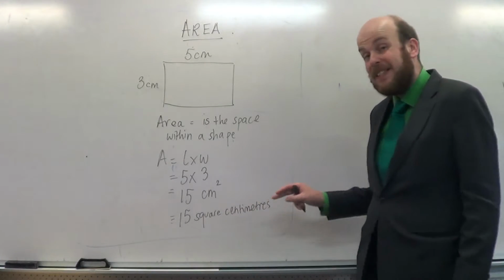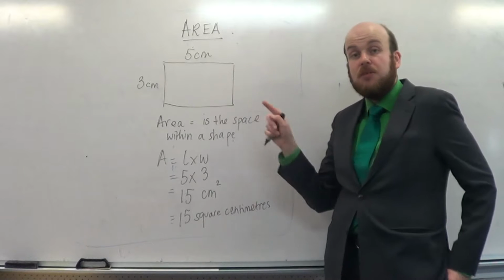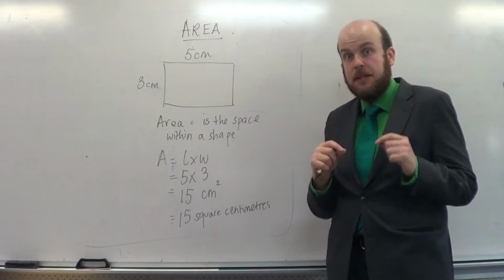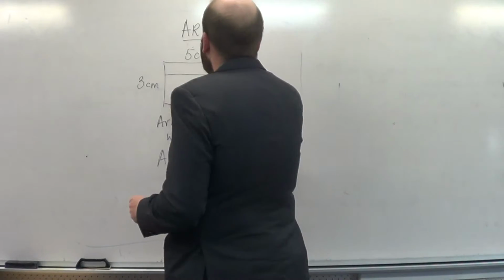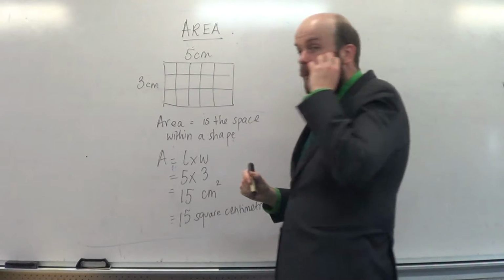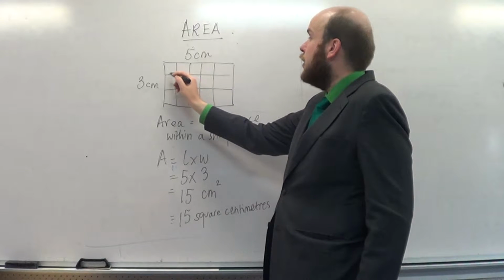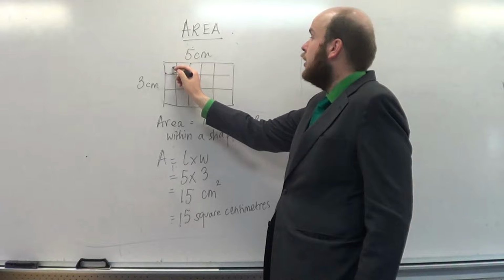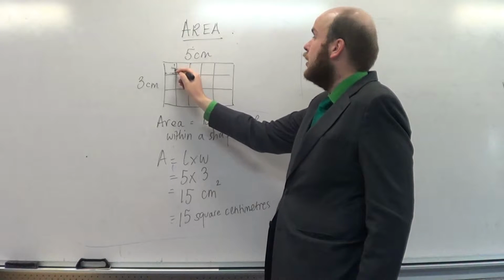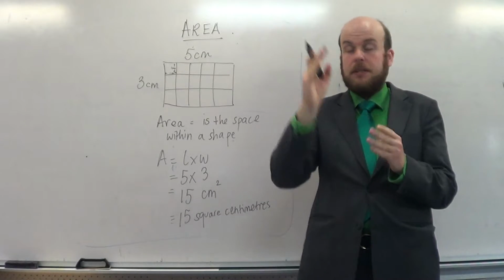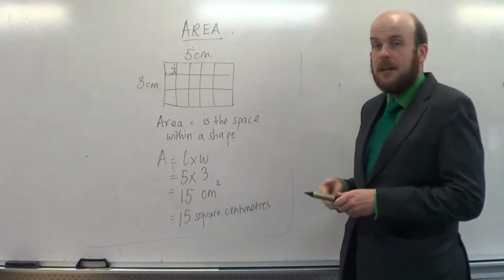Because basically what we're saying is that within this rectangle, there in fact can fit 15 square centimeters. So what do I mean? If I was to break this particular rectangle up into squares, each square had a distance of 1 centimeter by 1 centimeter. So each one was exactly the same.